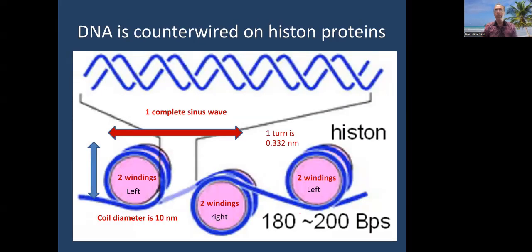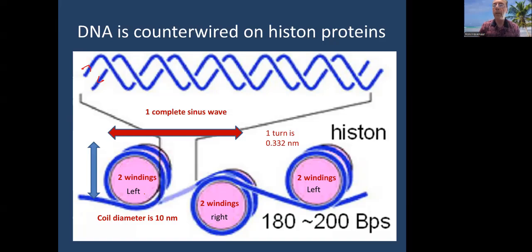Well, if you calculate the size, you see here this is the double helix, one side up, one side down. Here you can see a histone, so that double helix is wound around a protein, and that protein is called a histone. We can see here that there is a distance of 180 to 200 base pairs of the DNA molecule, but the coil diameter is 10 nanometers.